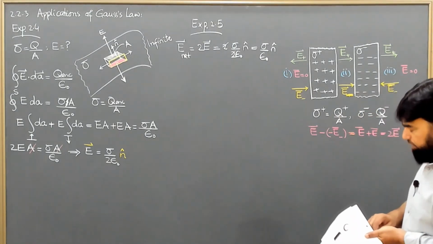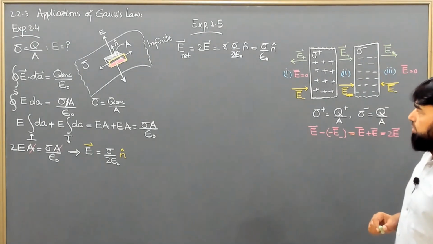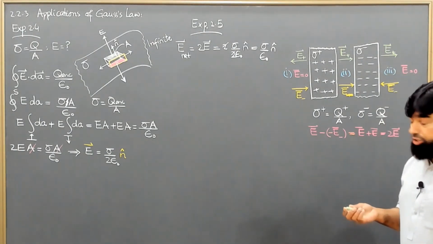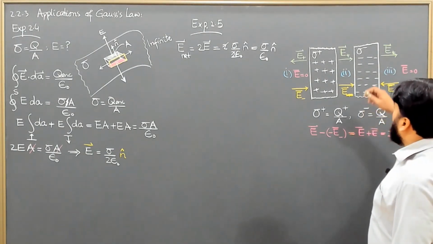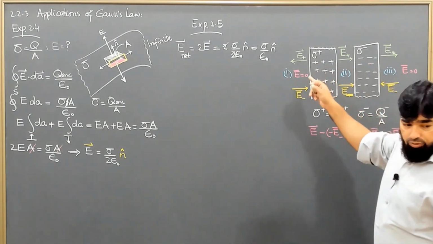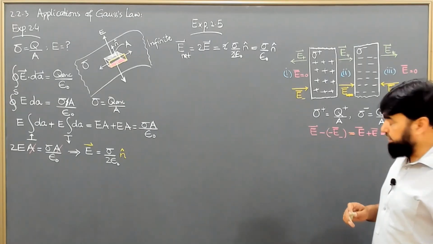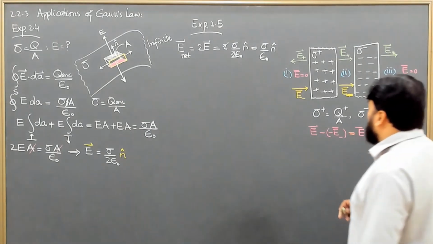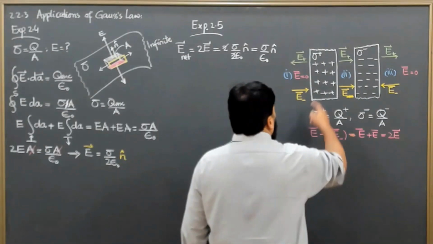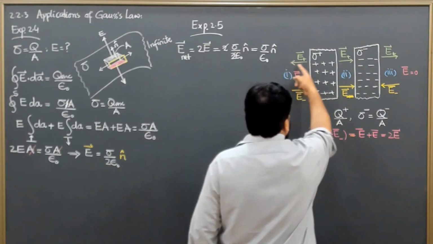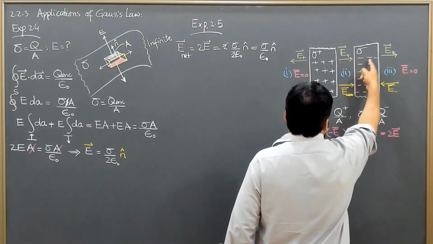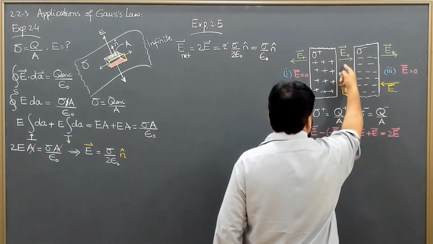Now, if for example, in problems the geometry is changed, like we have both as negative sheets of charges or both as positive sheets of charges, then what will be the situation? The electric field of this is in this direction and this is in this direction, and this field will be in this direction.